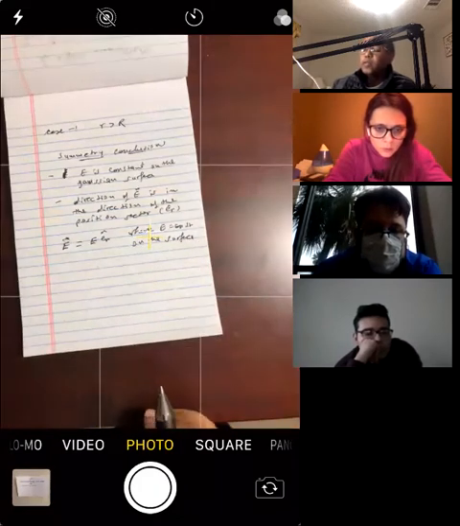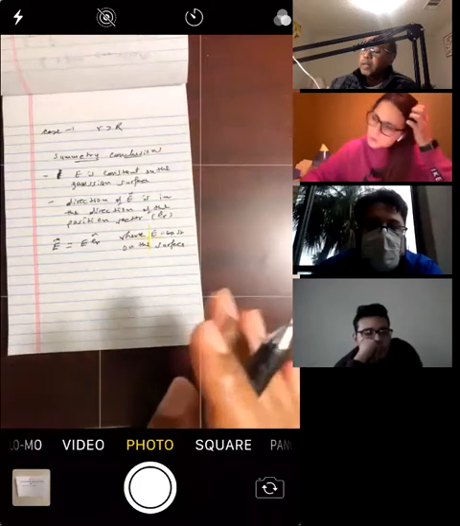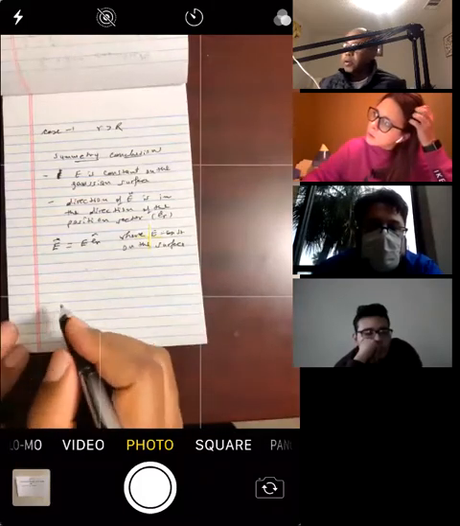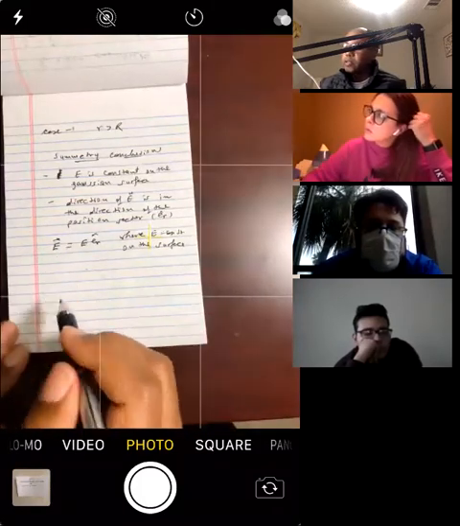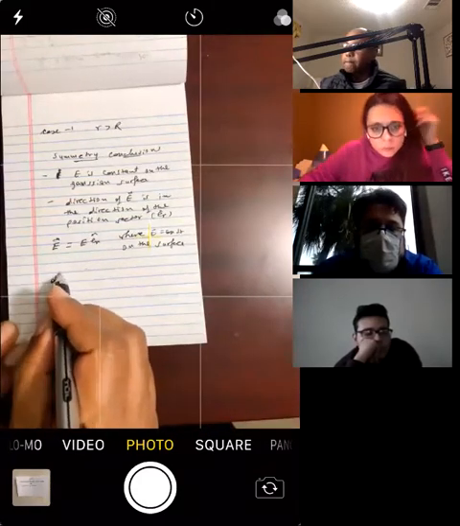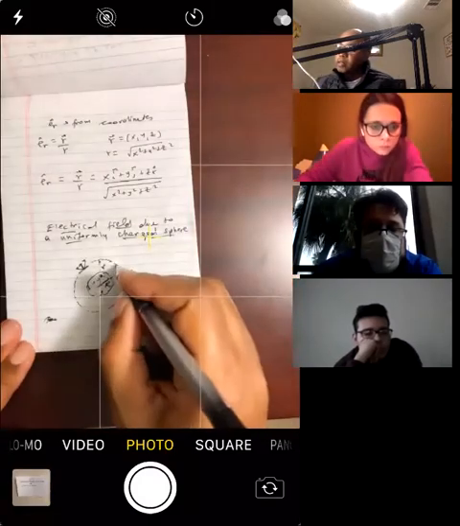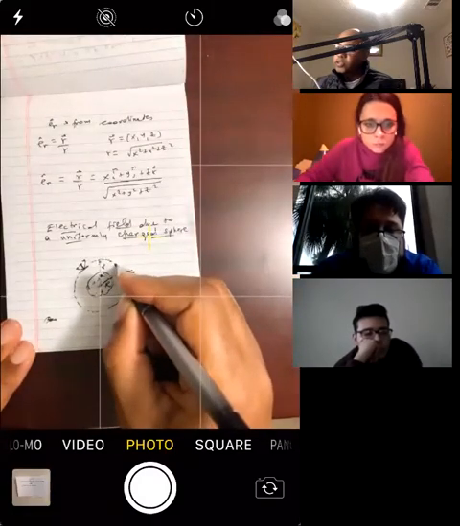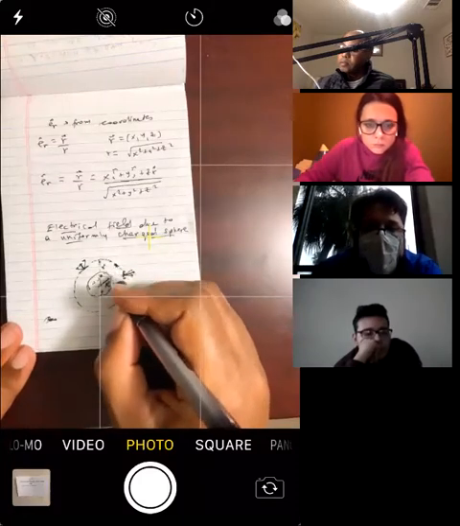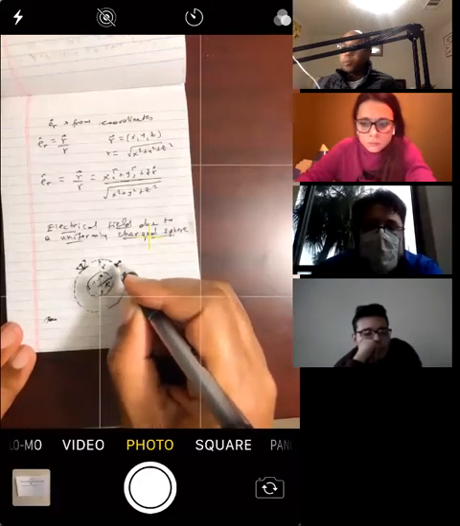So now I can do the integral. But to do the integral of E, let's look at dA, because I need E dot dA. This is also a sphere, so what's the direction of area for a sphere? It's going in the direction of the position vector.